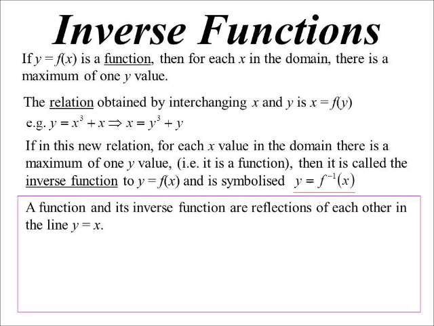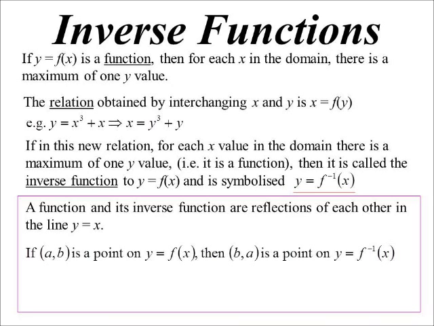All right. If you were to look at both of them together on the same number plane, then they would be reflections of each other in the line y equals x. So y equals x acts like the symmetry. So if (a, b) is a point on the original function, (b, a) will be a point on the inverse function. The x and the y's swap around.